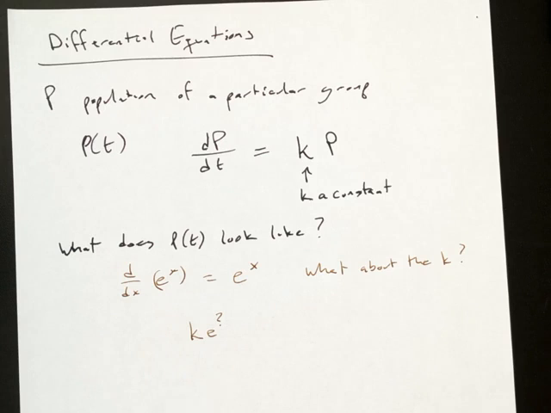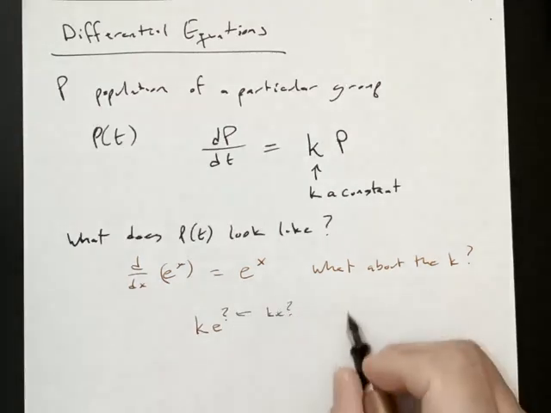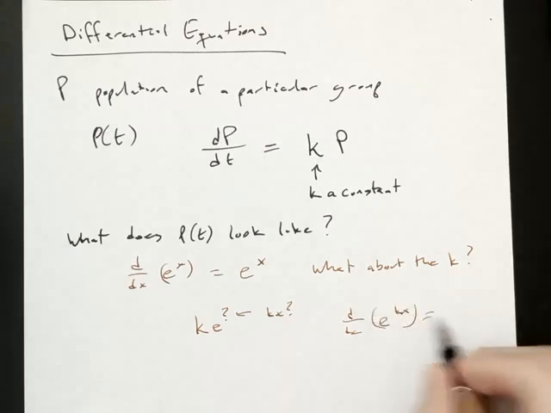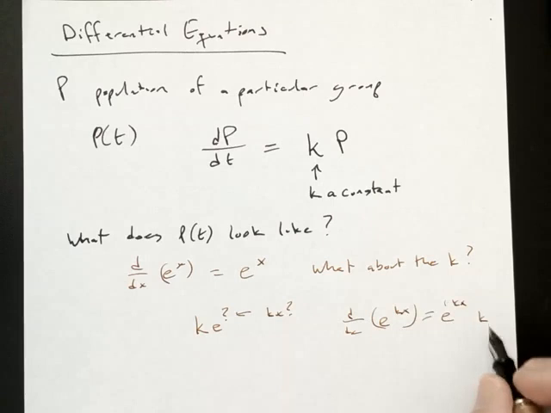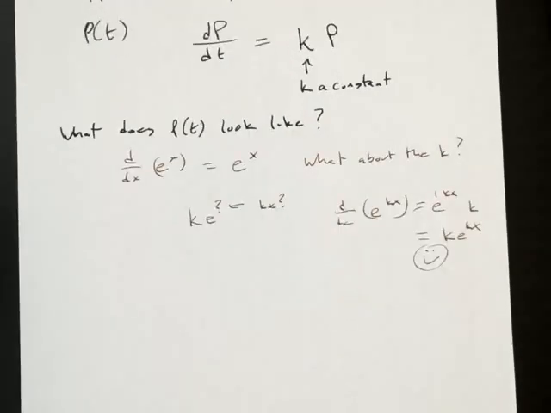Well, but the derivative of k itself is 0. K is the derivative. What was the original function? Huh? Kx. The derivative of e to the kx is e to the kx times the derivative of the inside. There's my other k. That's exactly what I wanted.